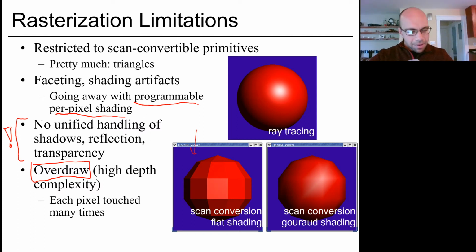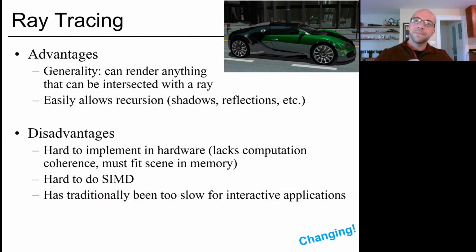But in rasterization, we stream over the triangles one after the next and draw them one at a time, which means that we may have to actually rasterize and do lighting computation for many different triangles on top of a single pixel, just by virtue of the way they were ordered, until we find the one that's at the top of the Z buffer. So what that means is that every pixel is touched many times. Now, we'll see many different techniques for reducing overdraw, but the basic issue can remain.